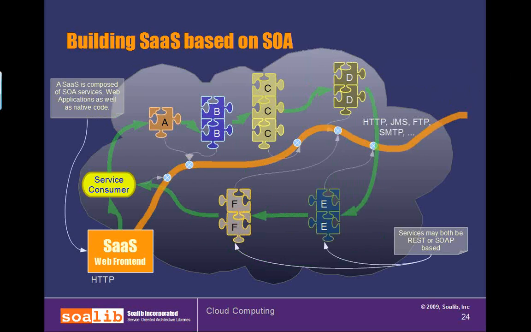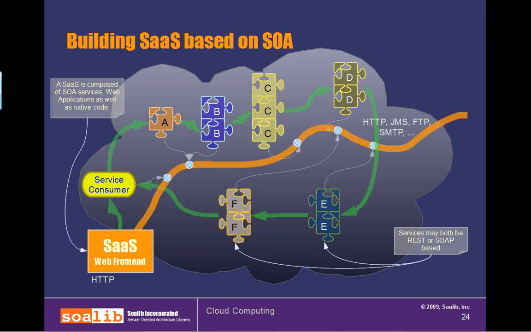You have probably heard of SaaS, Software as a Service, a model used over the web, based on service-oriented architecture. In this slide, we are showing that this orange curvy line which we saw before is now exposed as HTTP using a SaaS model, Software as a Service.